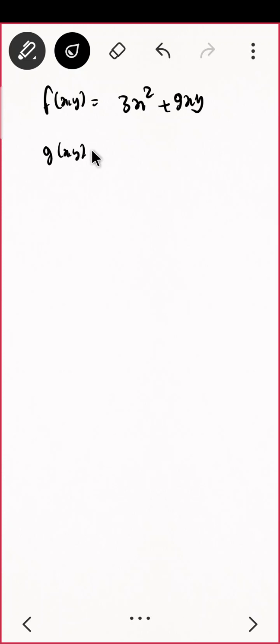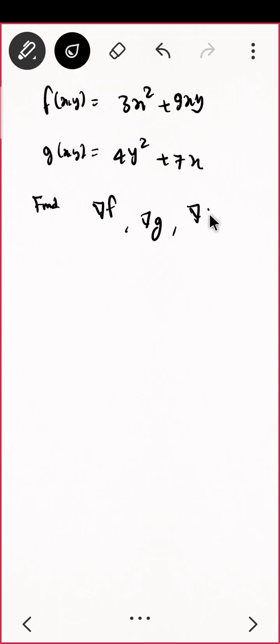Let us do one example quickly. Suppose f of xy is given to you, that is 3x square plus 9xy, and say g of xy is given 4y square plus 7x. So the question is find del f, del g, del f plus g.